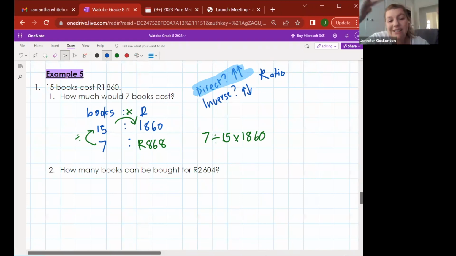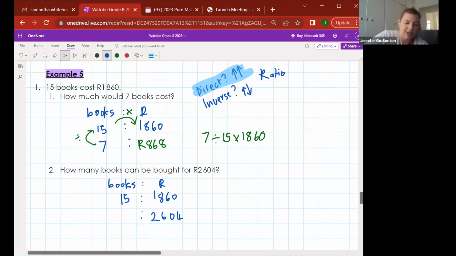Okay, question 2 is an extension of question 1. So it's the same idea. We've got books to money. So we have 15 books is 1,860. How many books can I buy from 2,604 Rand? So do the exact same idea, except now we are working out the number of books.